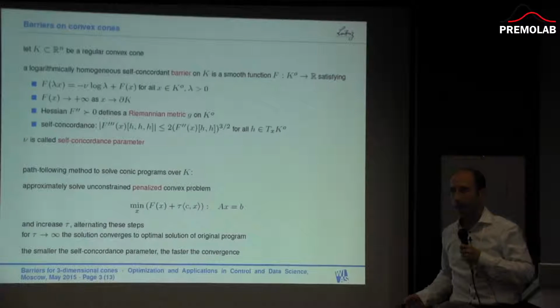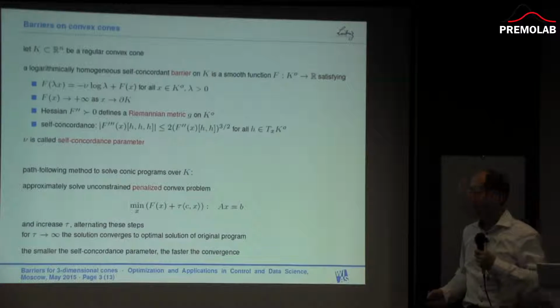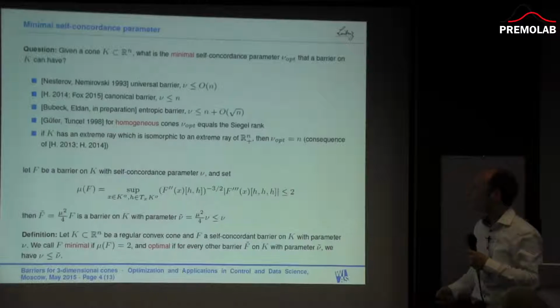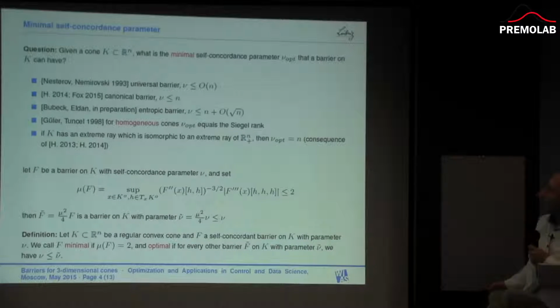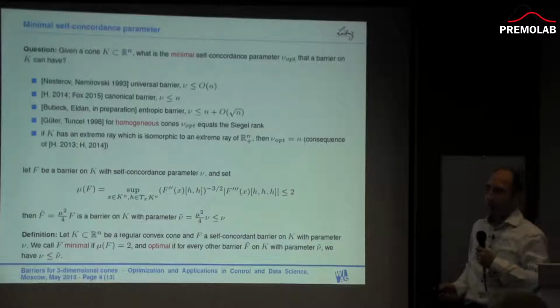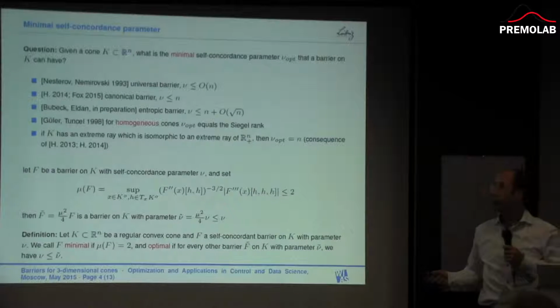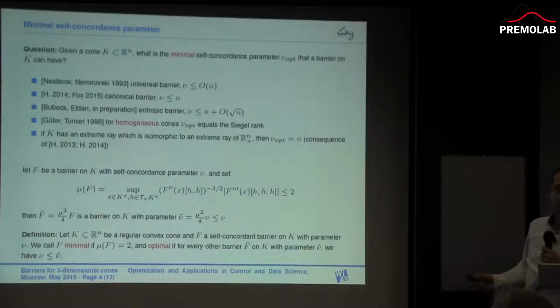So you want to have barriers with parameters as small as possible. Okay, so if we are given a cone, then it's natural to ask what is the minimal self-concordance parameter which we can achieve on this cone.